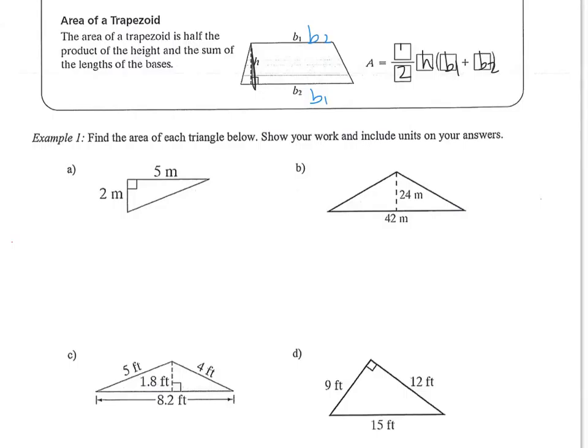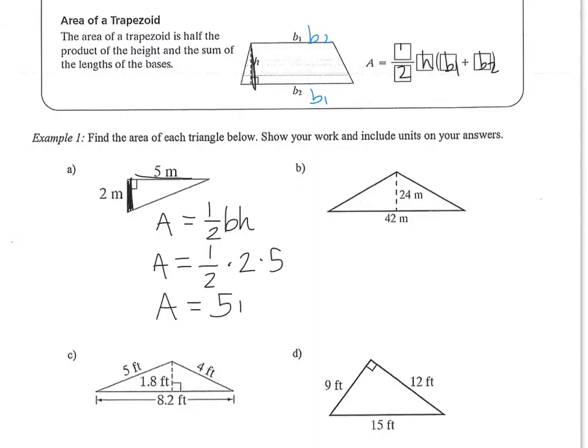So letter A, find the area. So you write area equals 1/2 base times height. Area equals 1/2. You're looking for this 90. Base and height is 5. So area equals 5 meters squared. Always have units squared.